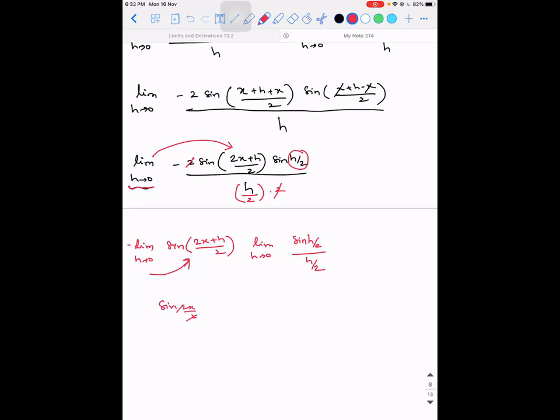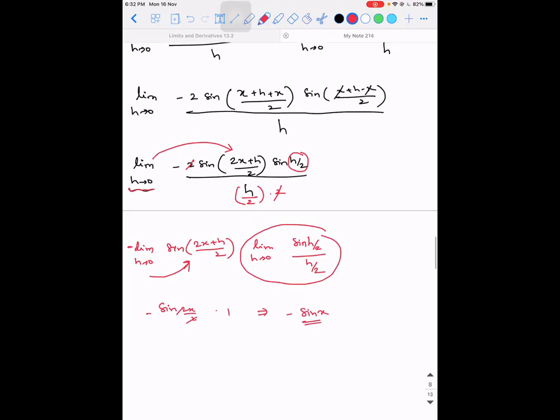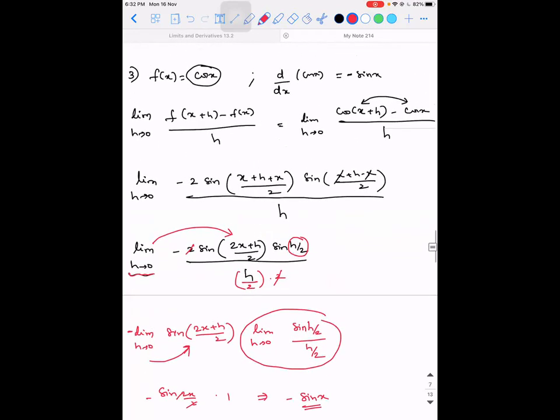There is a minus also, so minus sine x into, what is the answer for this whole thing? 1. So from this, the answer you are getting is minus sine x. That is the reason why the derivative of cos x is minus sine x. Clear? Yes, sir.